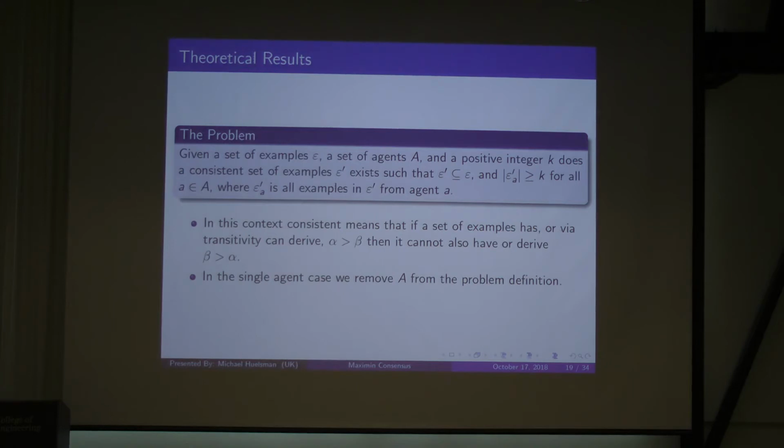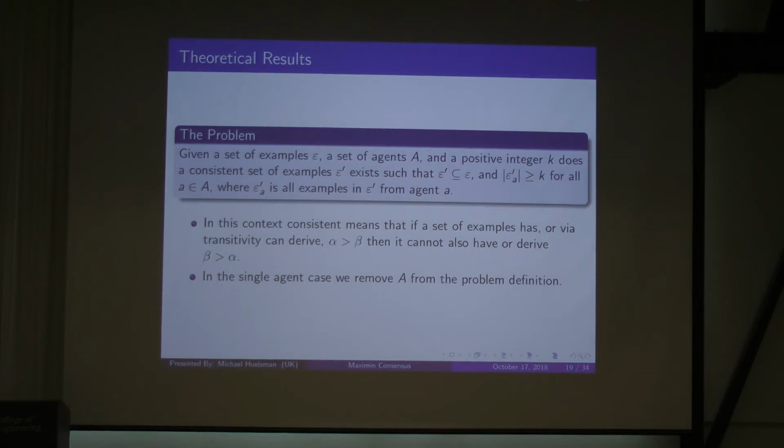So back in the theoretical considerations, if you want to tell how computationally difficult something is, it's probably good to have it as a decision problem. So this is the problem as a decision problem, which says that we have a set of examples epsilon, a set of agents A, and a positive number k. And we want to find a consistent set of examples.